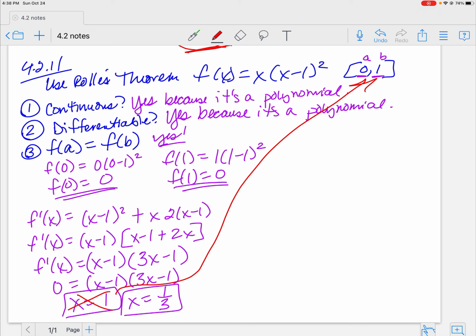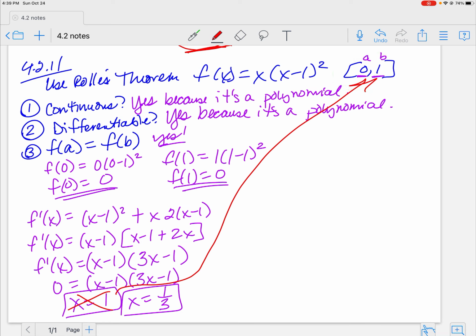So whenever I say at least 1, in this instance, I just have that 1 at 1/3 because I only want this specific interval. I'm only wanting this interval. We know it's a polynomial and it's continuous forever, but I want to focus what I'm looking for.